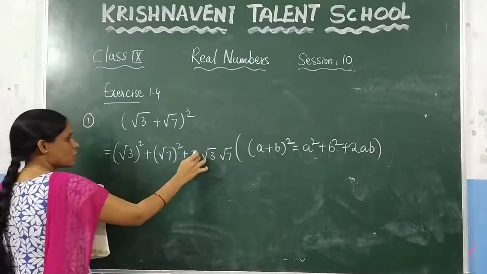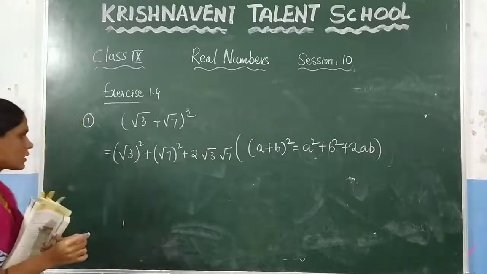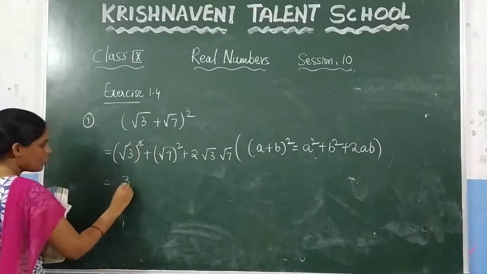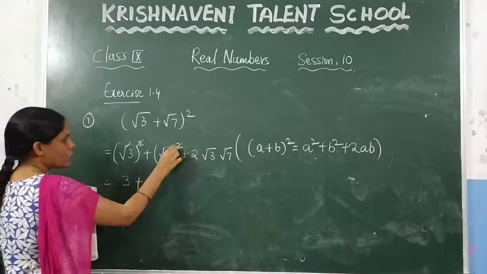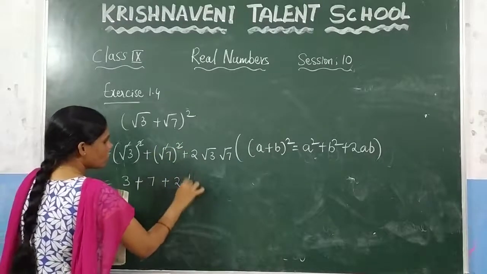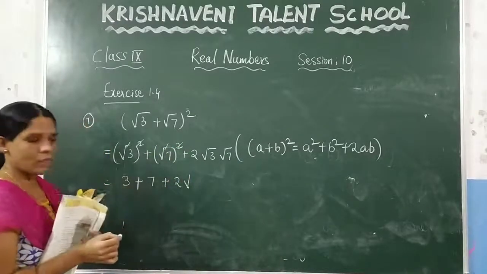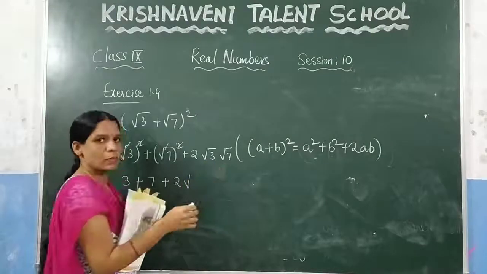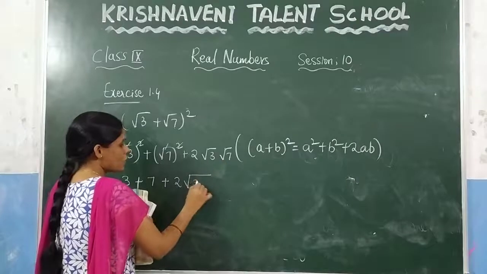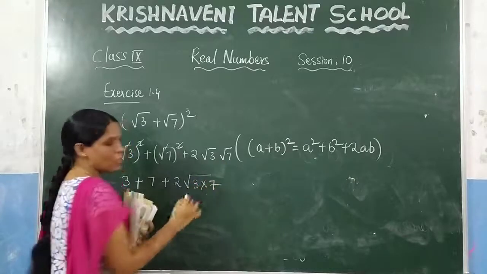nothing is there means there should be a multiplication. So here this root, this square will get cancelled. You will get 3. And again here this square, this root will get cancelled. You will get 7 plus 2 root. Before, in a previous problem, we have done root a into root b is nothing but root of a into b. So you can multiply these two values, which is nothing but 3 into 7.